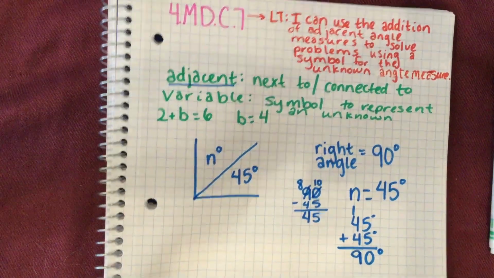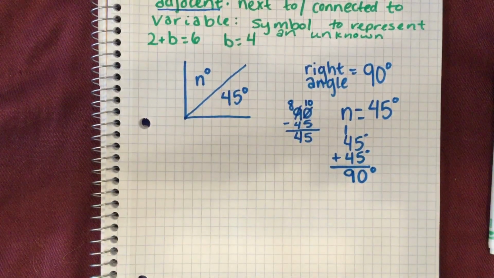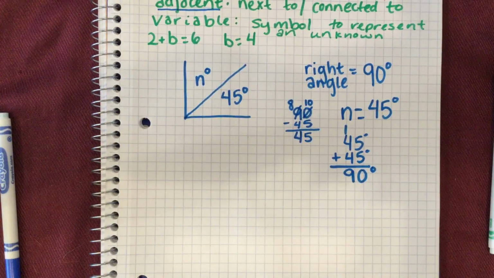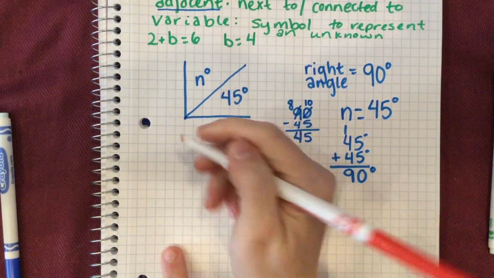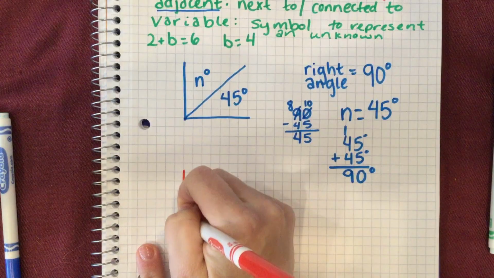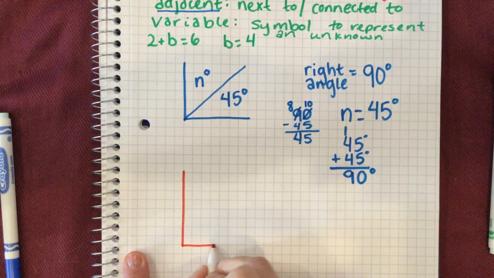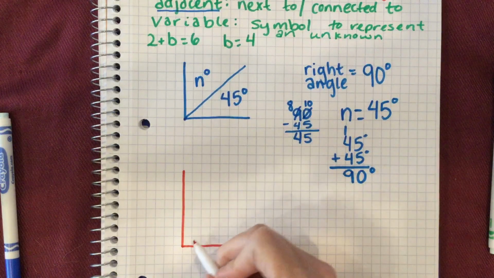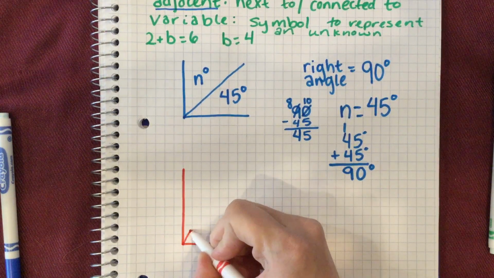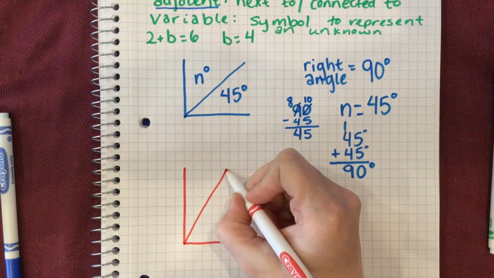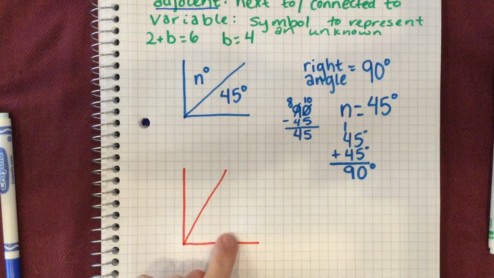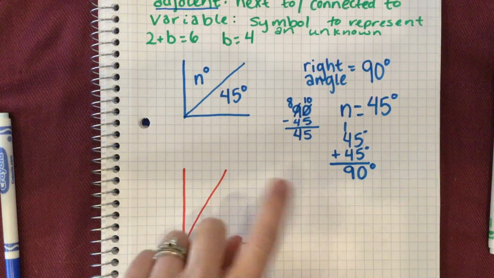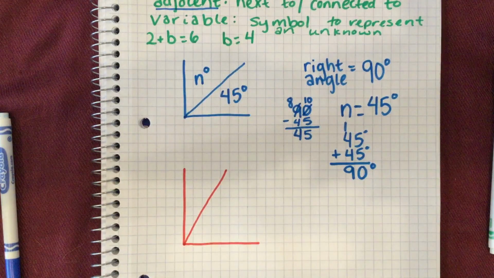Let's try another one. I'm going to use the right angle as my helper in this one as well. So make a right angle here. But this one, I'm going to cut it a little bit different. I'm going to have a very different looking set of angles. So this is no longer cut right in half.